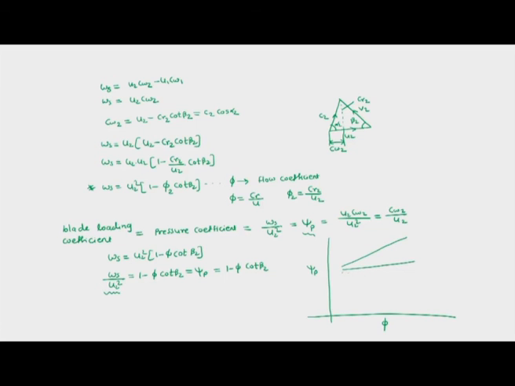Beta 2 is equal to 90 degrees for radial, beta 2 is greater than 90 for forward, and beta 2 less than 90 for backward vanes. And we can see that psi p is decreasing with respect to phi in case of backward vanes, psi p is constant in case of radial vanes, and psi p is increasing in case of forward vanes.